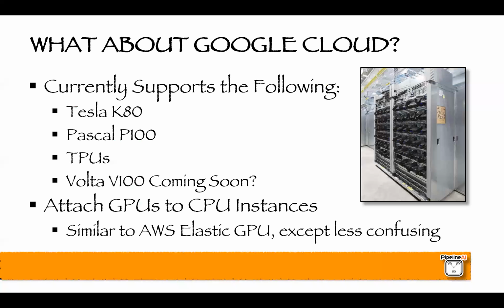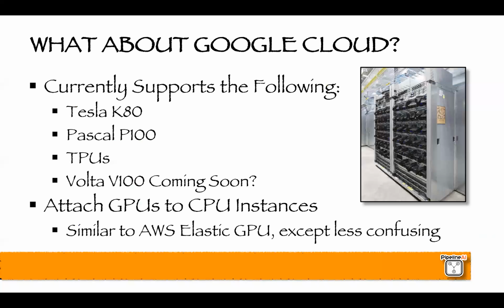What's cool about Google Cloud is you can actually provision a CPU instance and then attach a GPU to it. Of course, because these GPUs live on separate boards elsewhere in the rack, there's going to be a bit more latency between the CPU and the GPU because it's physically not on the same motherboard.